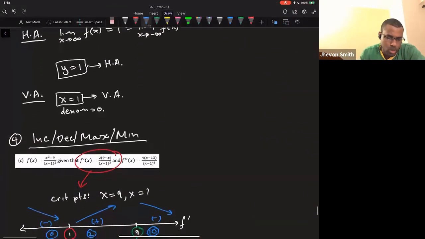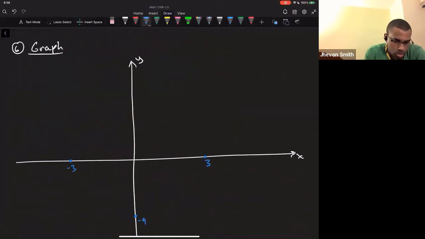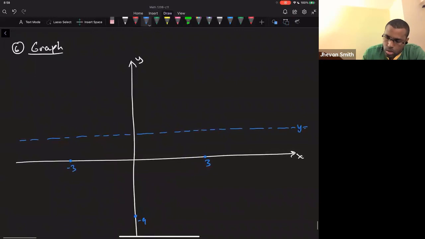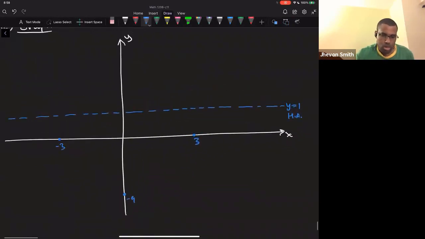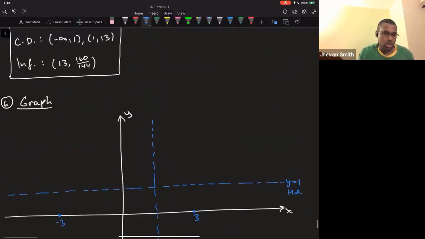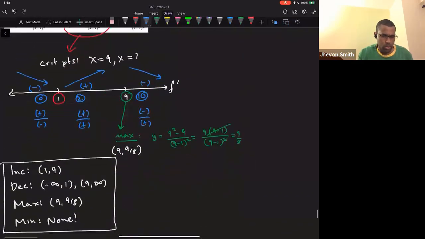Asymptotes, horizontal, y equals 1, vertical, x equals 1. Okay, so those are the asymptotes in.